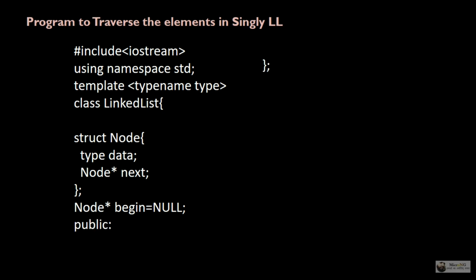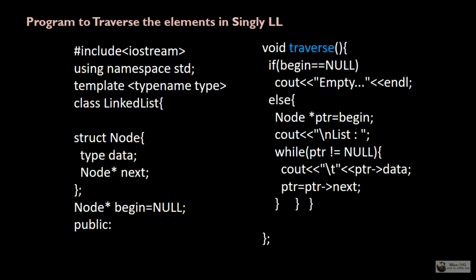In the public section, we have to include all the respective functions. Now we have to perform the traverse, so we have to include the logic of the traverse function. The algorithm of the traverse function needs to be kept inside the class that we have just discussed. Other than the traverse function, we should have at least one insertion method so that the single linked list can be created.